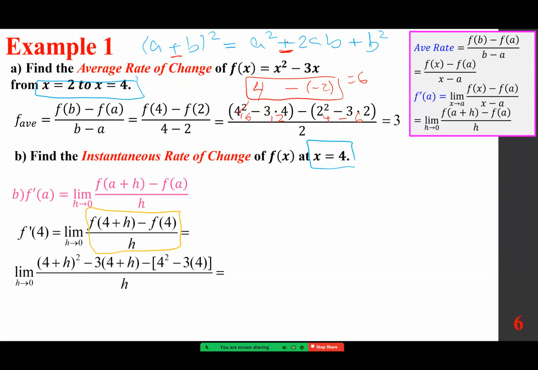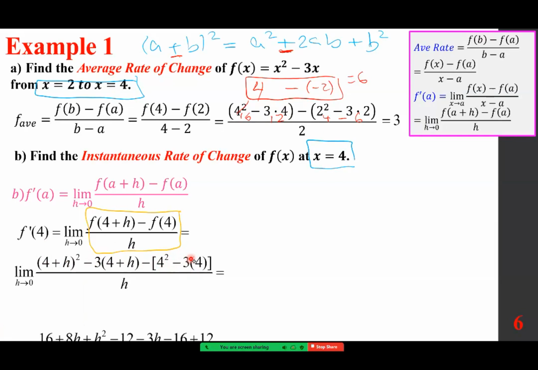This is the one that changes, okay? So now, this is 4 squared, which is 16, plus 2 times 4 times h, which is 8h, plus h squared. Minus 12, minus 3h. Again, I just can write 4, or just minus 16, minus 12, plus 12.